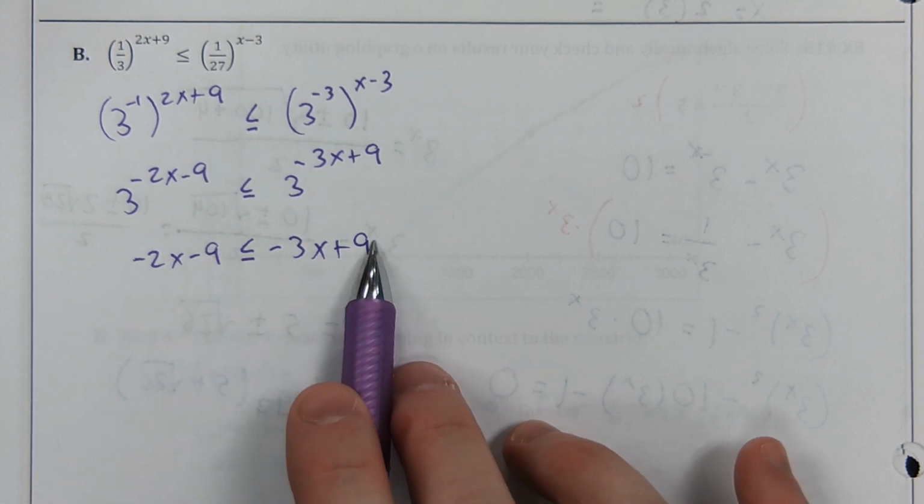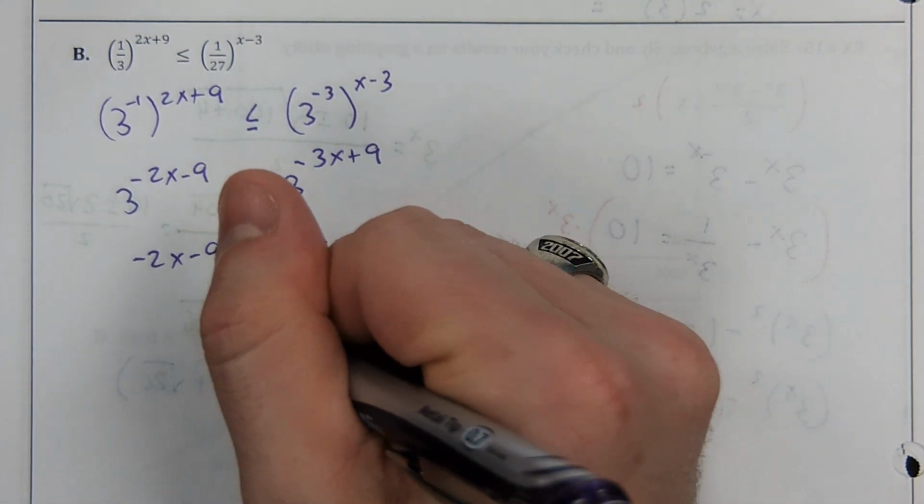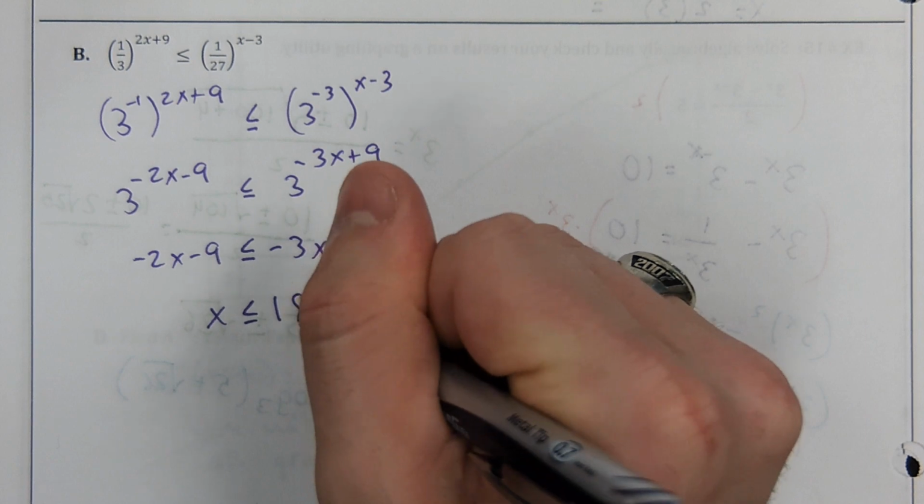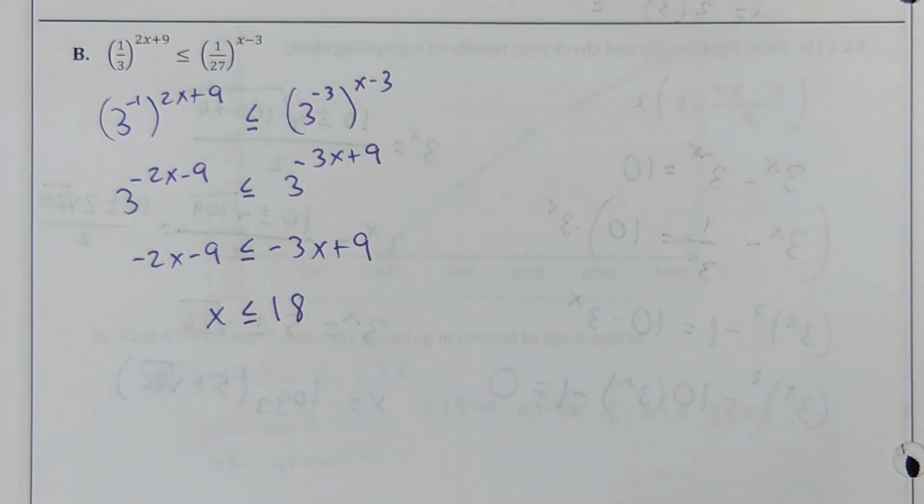And if you add 9, you get 18. X is less than or equal to 18. There it is. Cool beans, huh? It's not that bad. Not that bad at all.